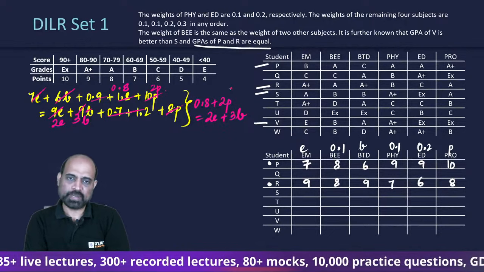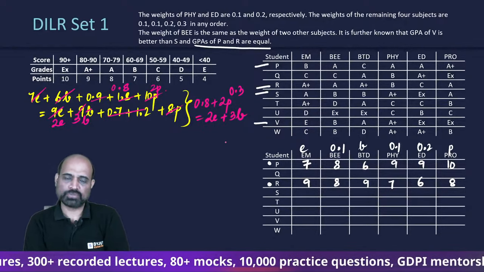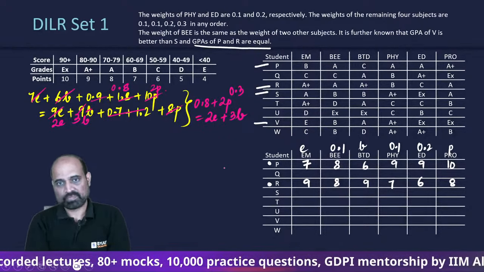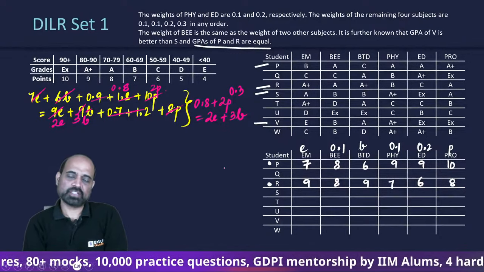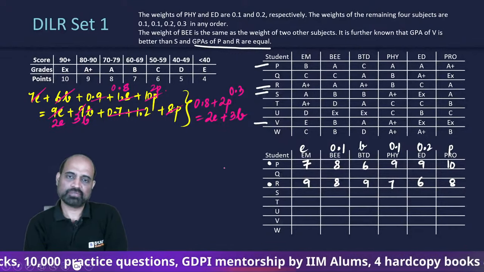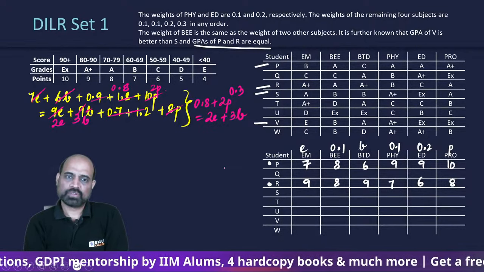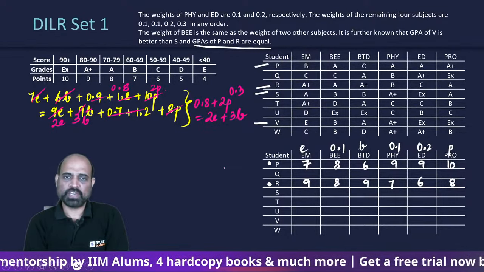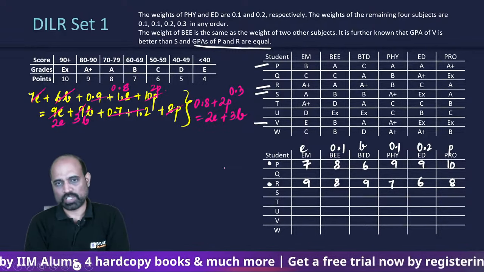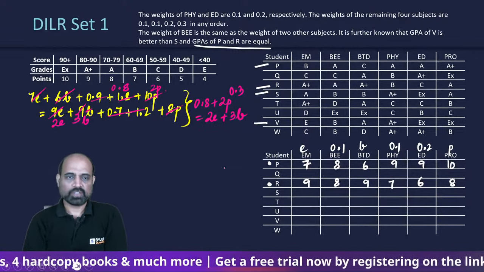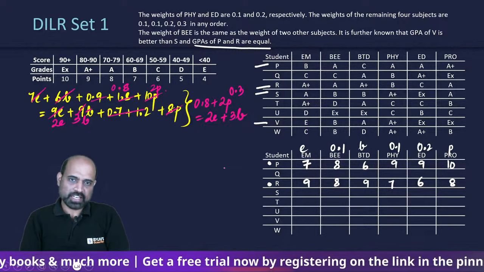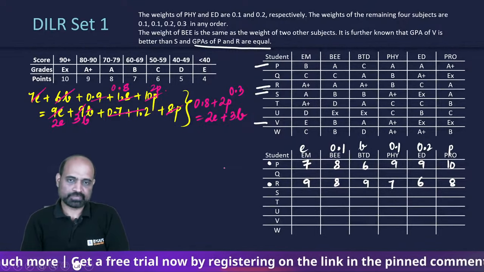If we take P as 0.3, so from P, E, B, we need GPAs of P and R to be equal. Okay, hold on. Is there any calculation mistake here?